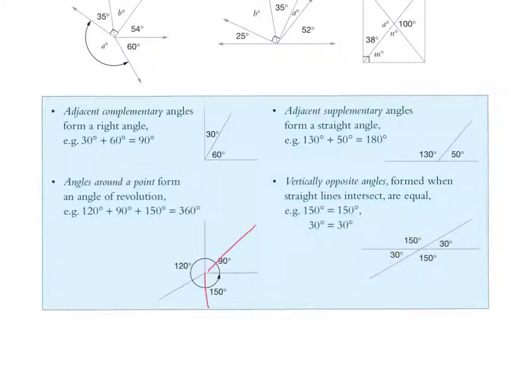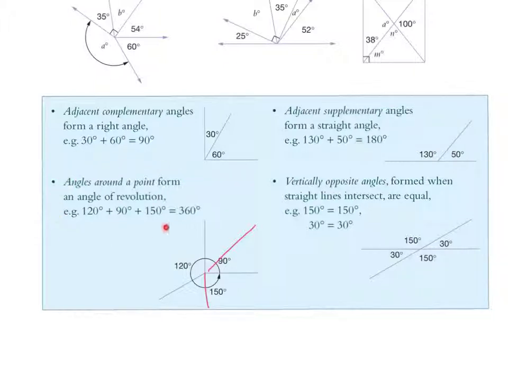Okay, that's our theory for today. There are just 4 types of angles you need to remember. Part of what you need to do is go home and remember the rules. Remember for me that adjacent complementary angles always add up to 90. Adjacent supplementary angles always add up to 180.